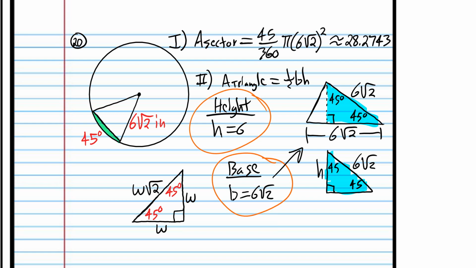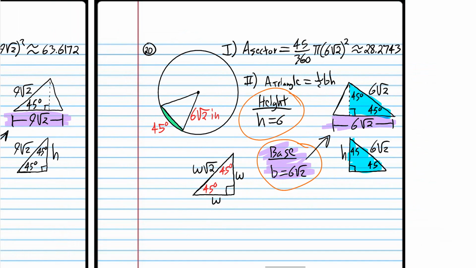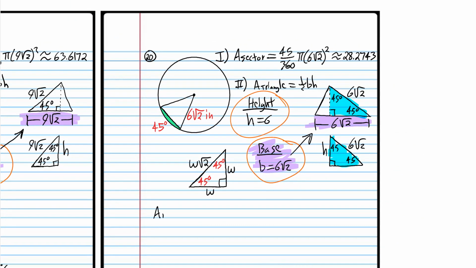I can color code that. So the area of the triangle is equal to 1/2 times the base times the height.